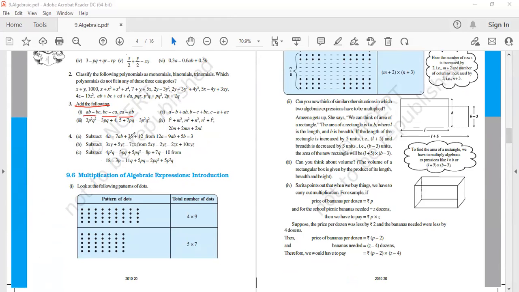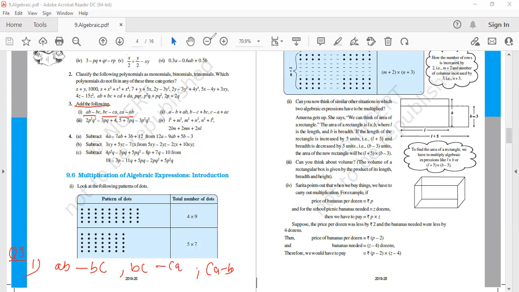There are two methods. One is vertical, one is horizontal. In one question I'm giving you both the methods, then for the remaining ones I will follow horizontal, because horizontal is quite easy in comparison to vertical. So question number third, first part: AB minus BC, BC minus CA, CA minus AB.